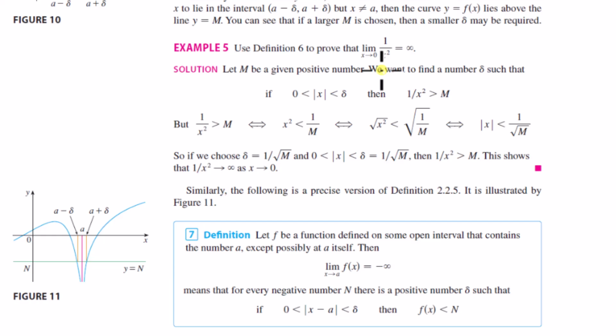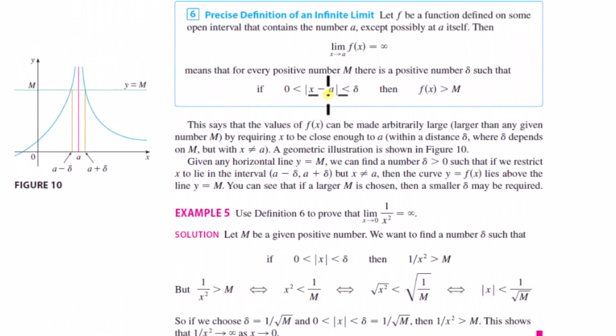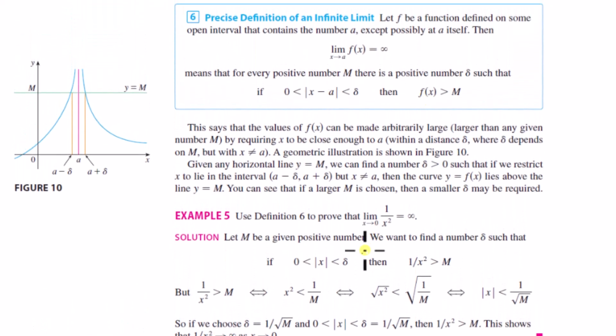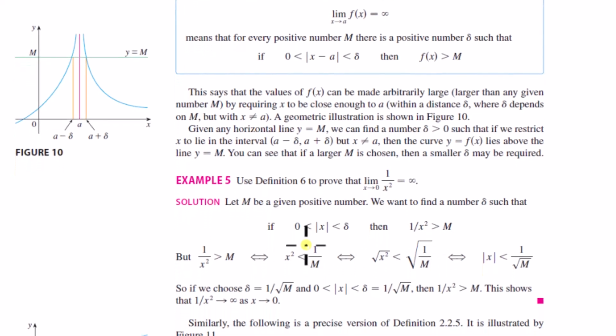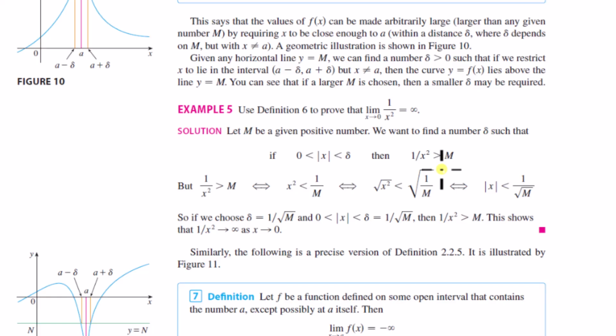So, okay, if we write out the criteria for this infinite limit, A is going to be equal to 0, and f of x is equal to 1 over x squared. So they write out the two inequalities that need to be satisfied simultaneously. Now, we go through the same process as we did with non-infinite limits. We're going to start with the output inequality, and then the goal is to manipulate this inequality to the point where we can relate it to the input inequality.